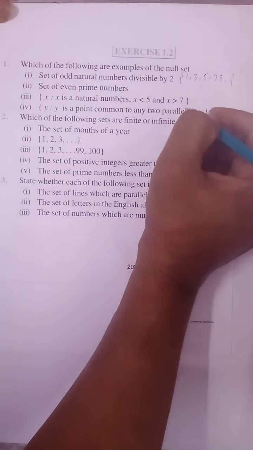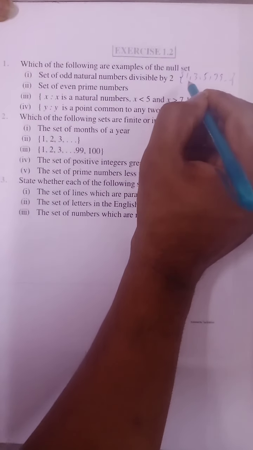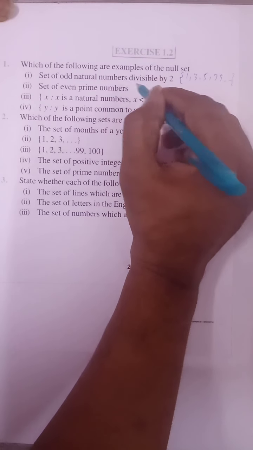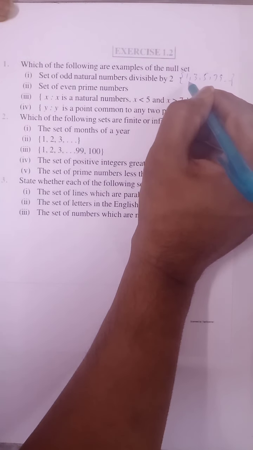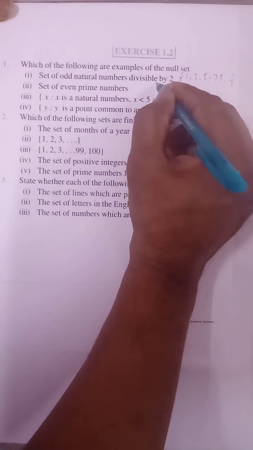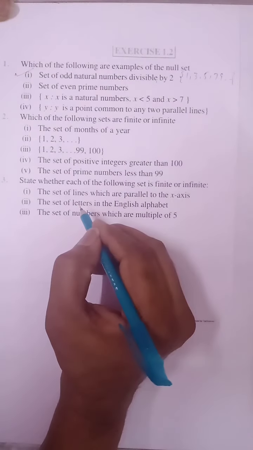From this we can say that these numbers are not exactly divisible by 2. So this is a null set. This is an example of null set.